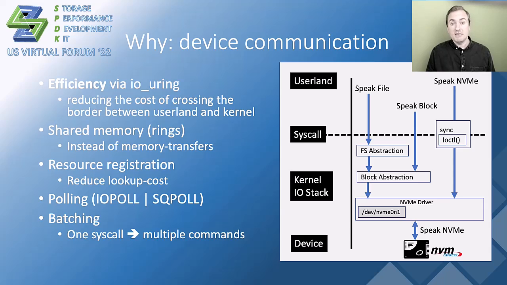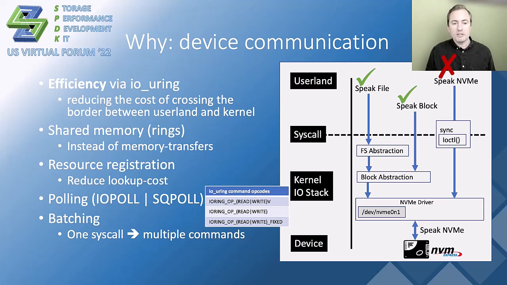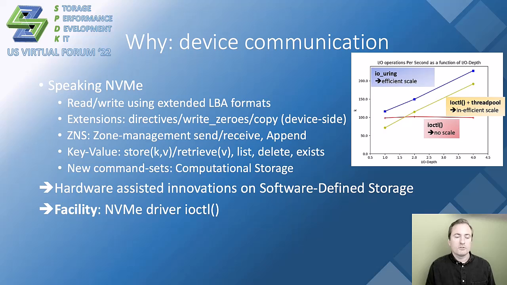However, when speaking NVMe, the things we just mentioned aren't available, as the commands currently available to io_uring are all around the generic storage abstractions of reading and writing files. So doing the things that we wanted to do when speaking NVMe is not represented in the command sets for io_uring. So we fall back to the ioctl, which doesn't scale, as we try to illustrate here, where we have a flat red line on a graph with IO depth on the x-axis and IOPS on the y-axis.